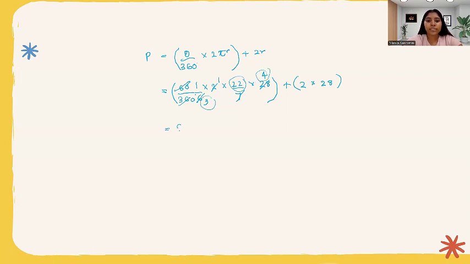22 times 4, 88, divided by 3, plus 28 times 2, 56.